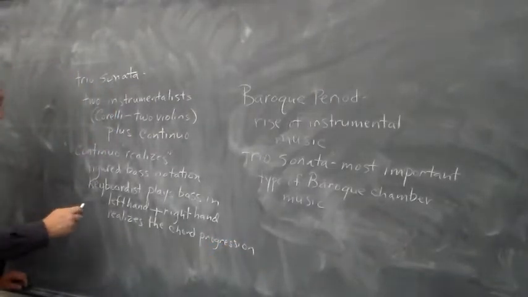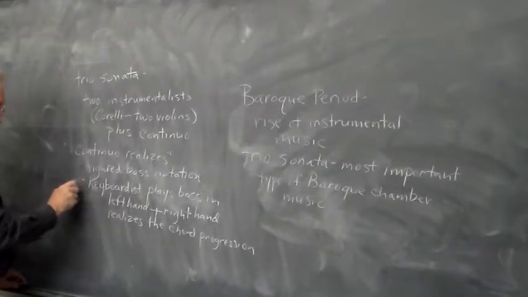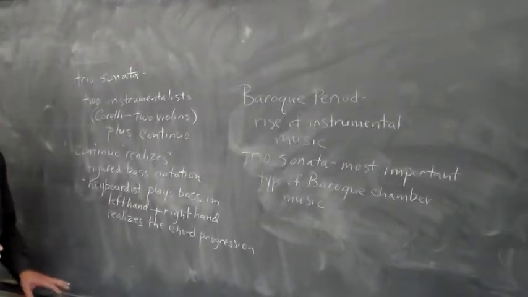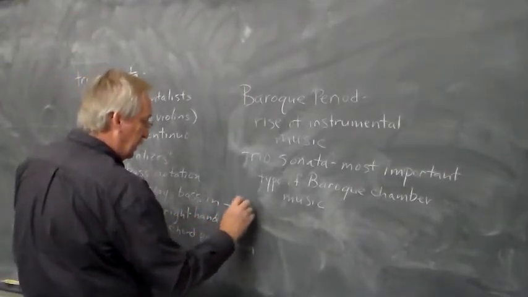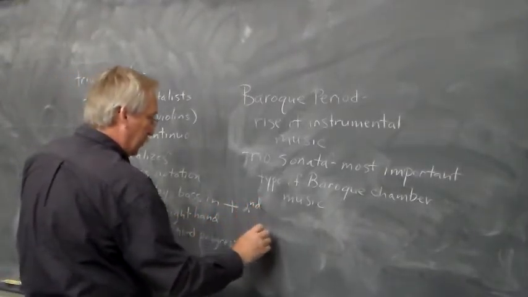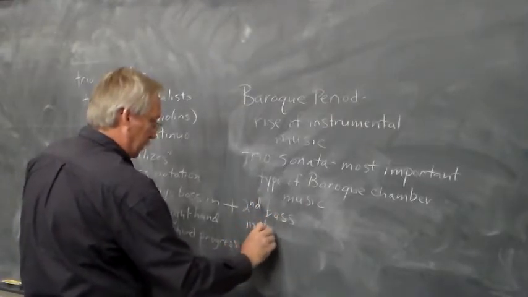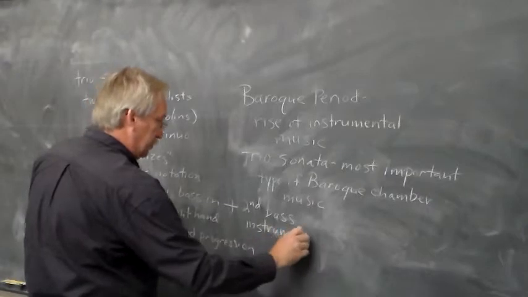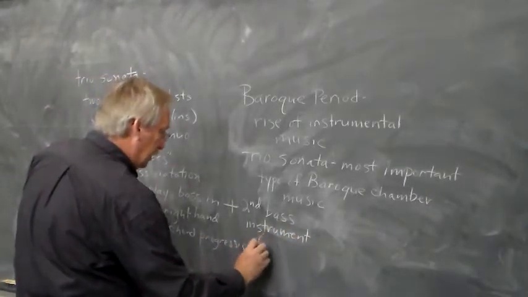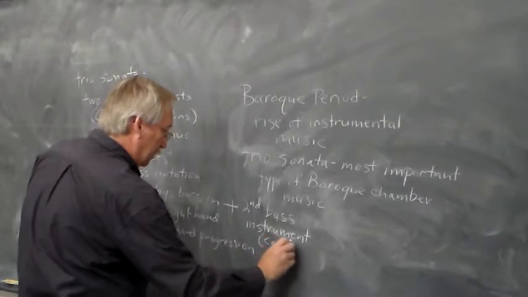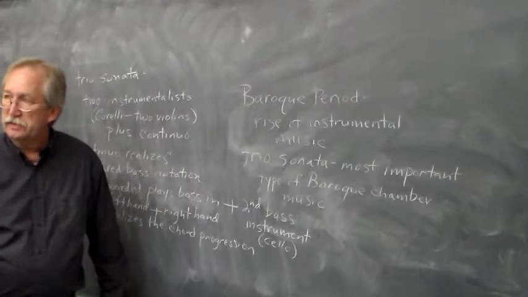So the important thing to know is that there are two players in the continuo. So it's the keyboardist plus a second bass instrument, and that typically would be like a cello. And the cellist is going to double the bass line.